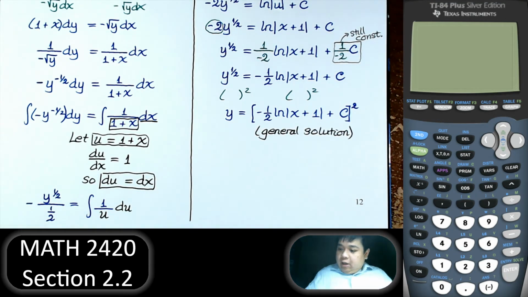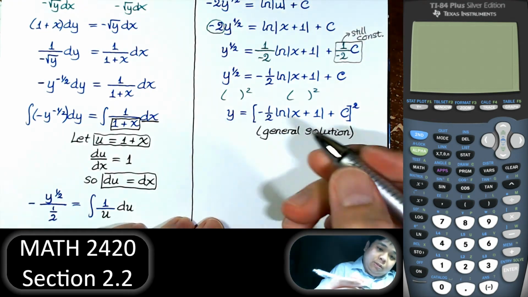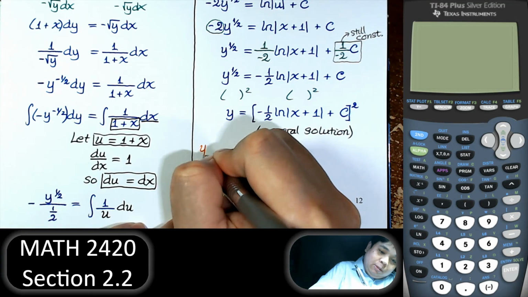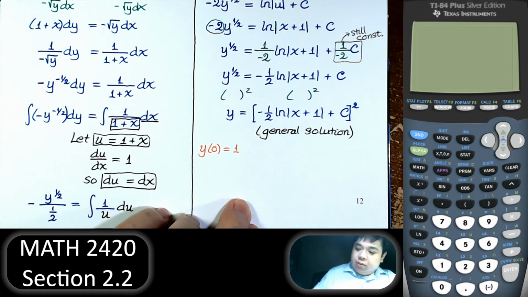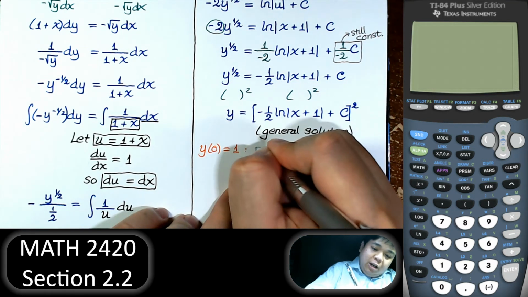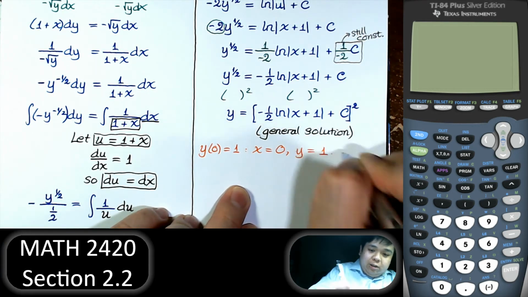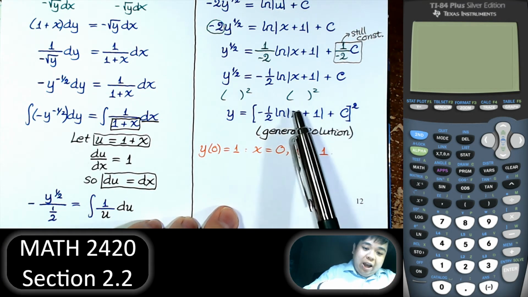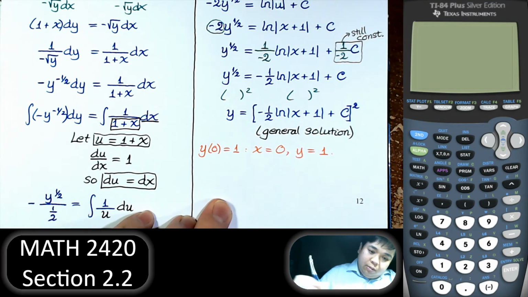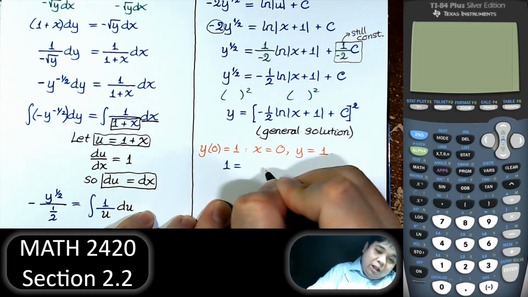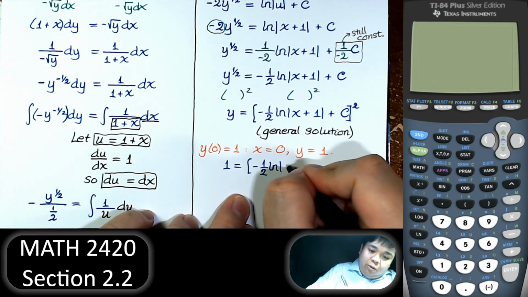Which is good. Now, initial condition, y of 0 equal to 1. So meaning that when x equals 0, y will equal 1. Right, substitute 0 in for x, 1 in for y.